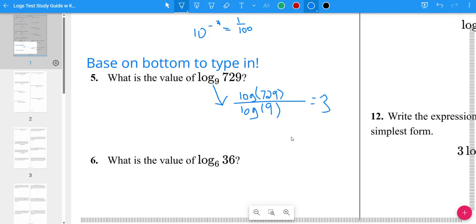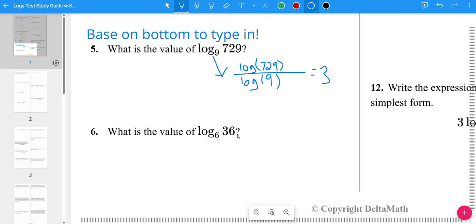Same thing with this one right here. I just rewrite it with base on bottom to be able to type it in. So I got log 36 over log 6. If I type it in my calculator, I should get 2.